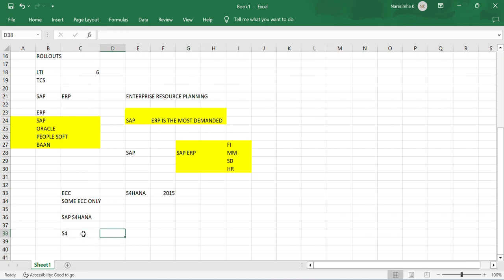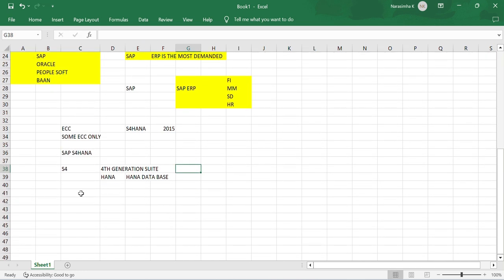S4 means fourth generation suite. HANA means HANA database. That is why everybody calls it SAP S/4HANA. S4 means fourth generation business suite, and HANA means HANA database.